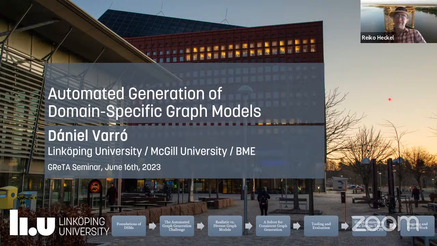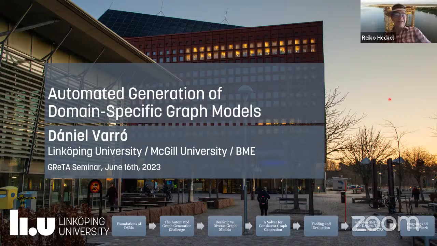And all of this time, he's basically working at the interface of software engineering, graph transformation, and model transformation. And as I said, heavily involved in developing tools and also using those tools in industrial contexts. And today is talking about generation of graph models, and specifically domain-specific graph models.